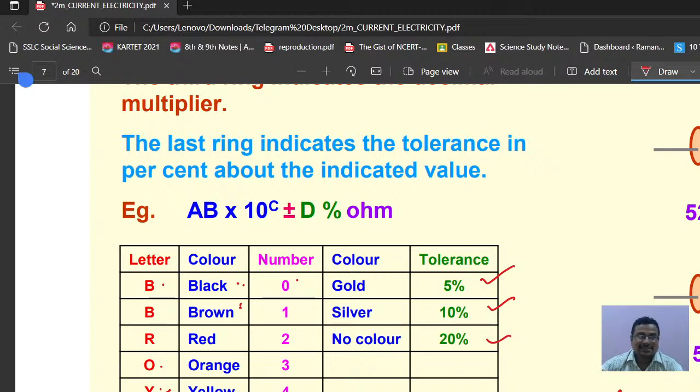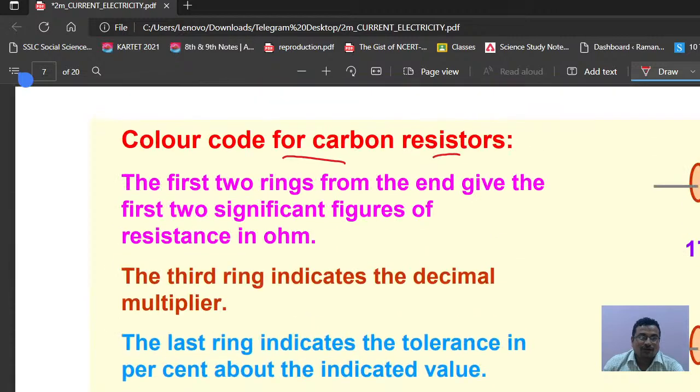So now see here, students, the first 2 colors indicate the first 2 rings. There are a total of 4 rings in a resistor. The first 2 rings from the end give the 2 significant figures of resistance in ohm.